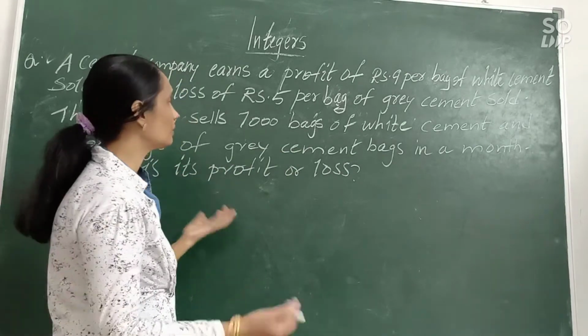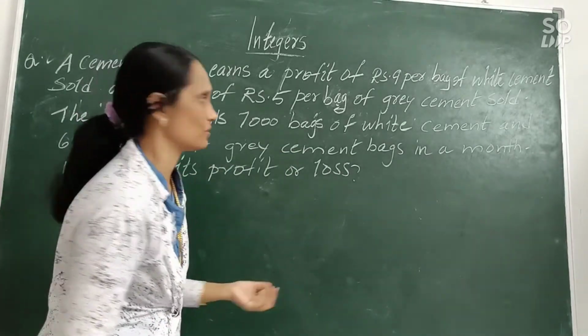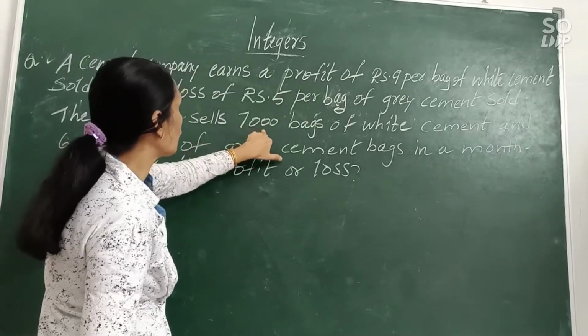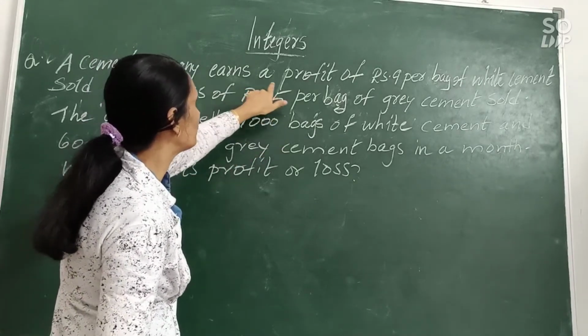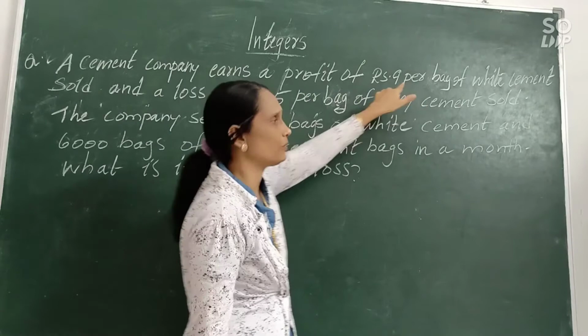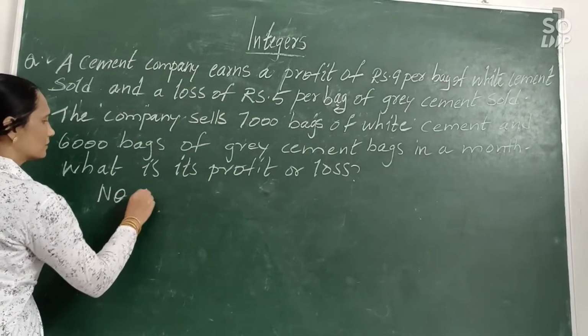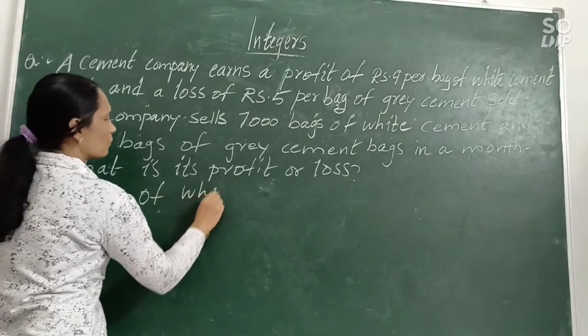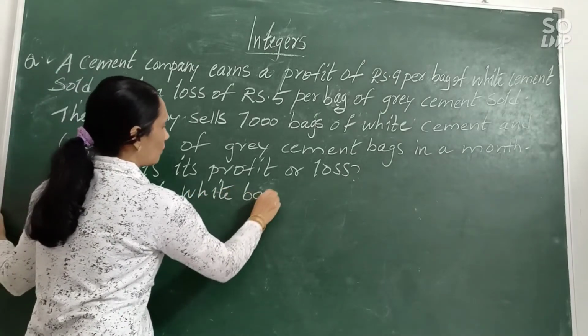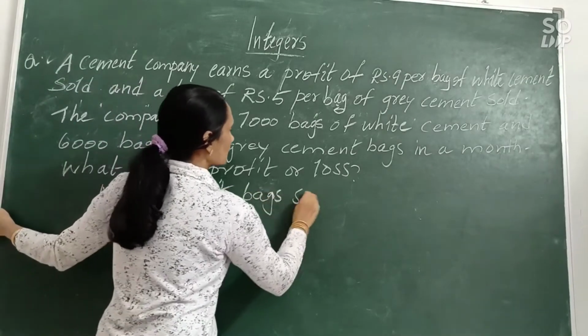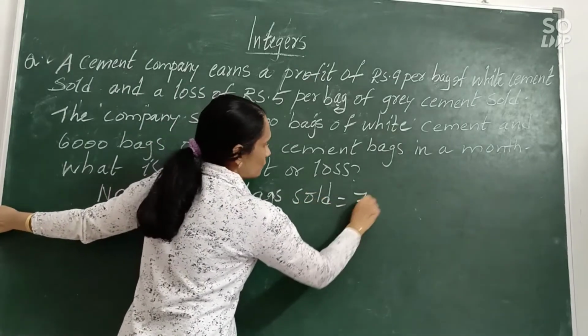So whether they got profit or loss, let us find out. Each white bag, what is the profit? The profit is 9 rupees. Number of white bags sold, we know that it is 7,000.